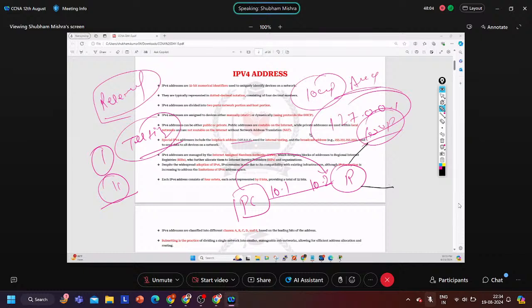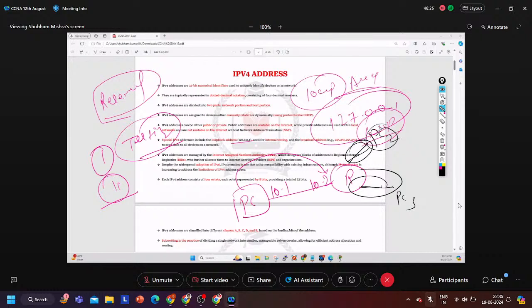How can you create them? You can install other PCs like this and configure an IP address or network. Yes, you can install the PC and create the network.